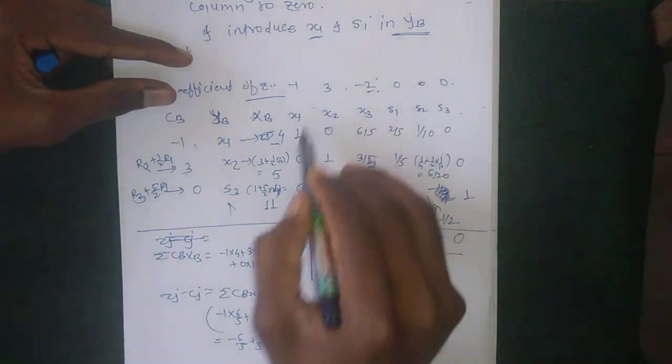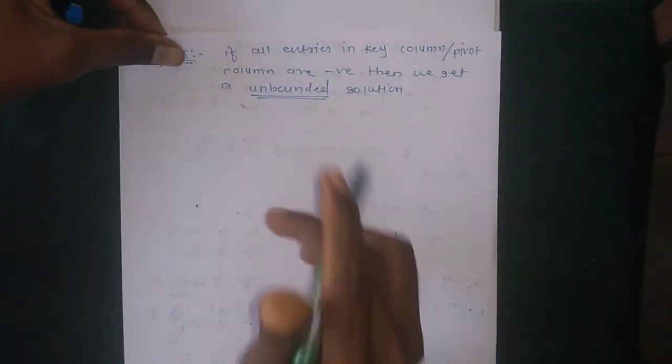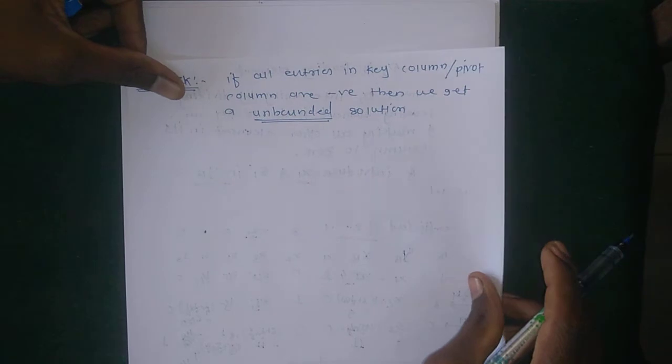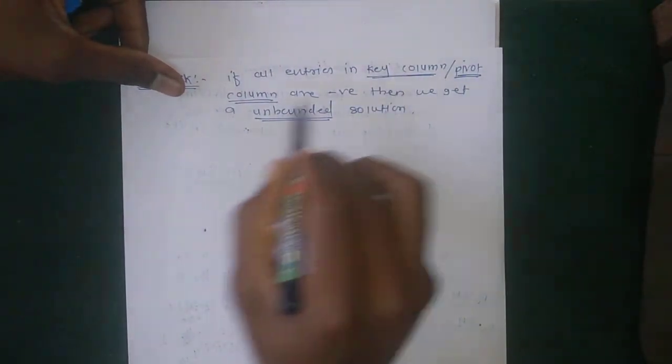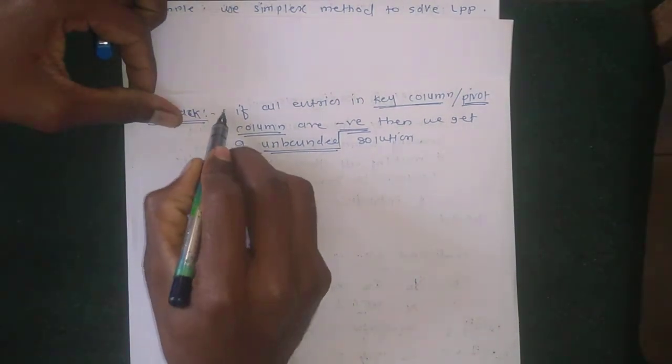So the given LPP has an unbounded solution. That is, if all entries in the key column or pivot column are negative, then we get an unbounded solution. And this is the first remark.